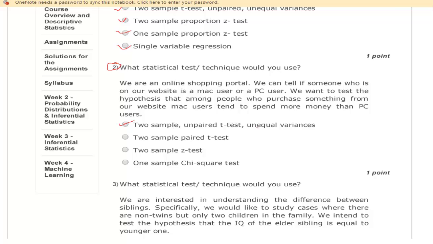Okay, so the second option for this question is the two-sample paired t-test. The key thing to distinguish between the paired and unpaired t-test is if each data point in data sample 1 has a corresponding match to a data point in data sample 2. So if, for instance, we gave the example of boys and girls' heights, if there was some connection between each boy to each girl in the two data sets.